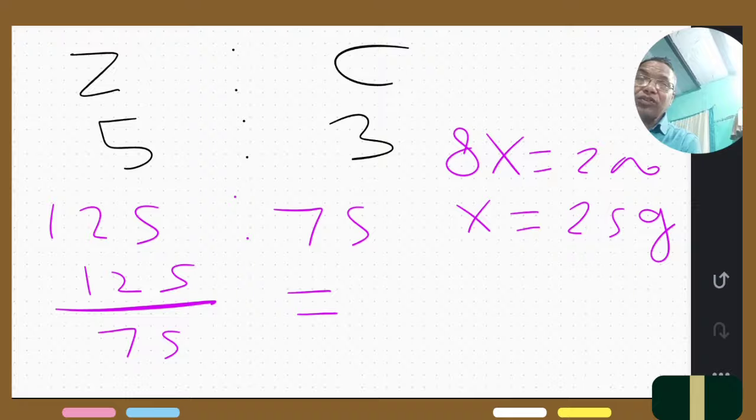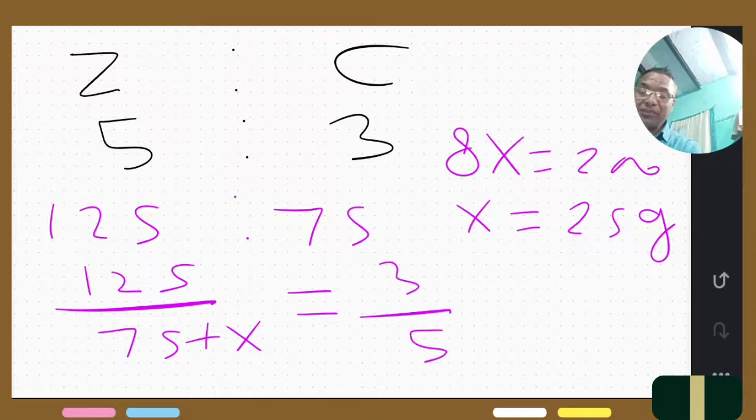How many grams of copper must be added? Let the copper added be X gram. So the ratio becomes 3:5, means 3/5.